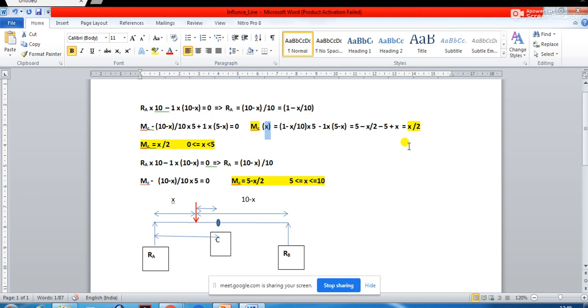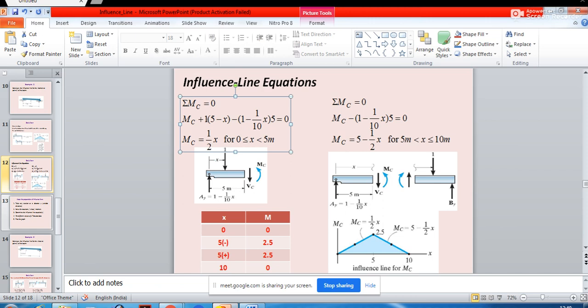Is it clear? So if you go back again to this, you are going to get M_C equal to half of x, and you notice this will be valid for x less than 5 meter and greater than or equal to 0.